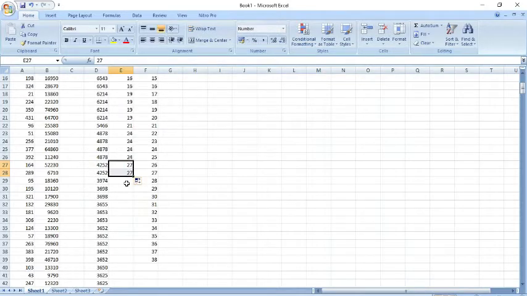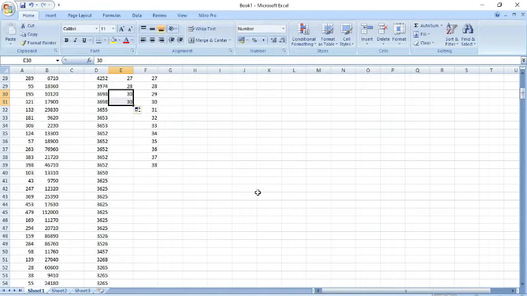Then this should be 28. Then this is 1, 2. The average is 30, so this should be 30. We keep going. This is 31.